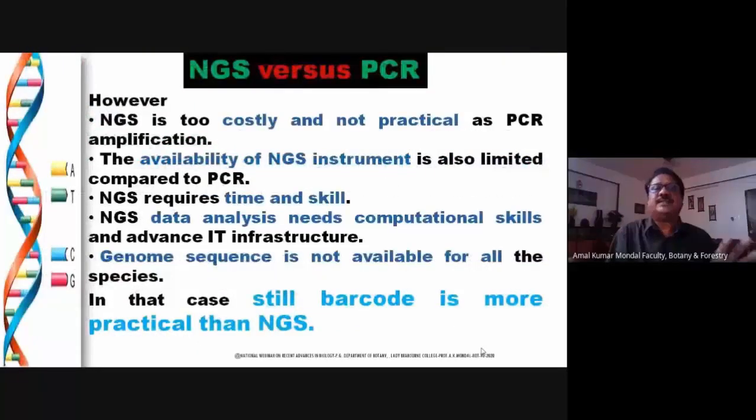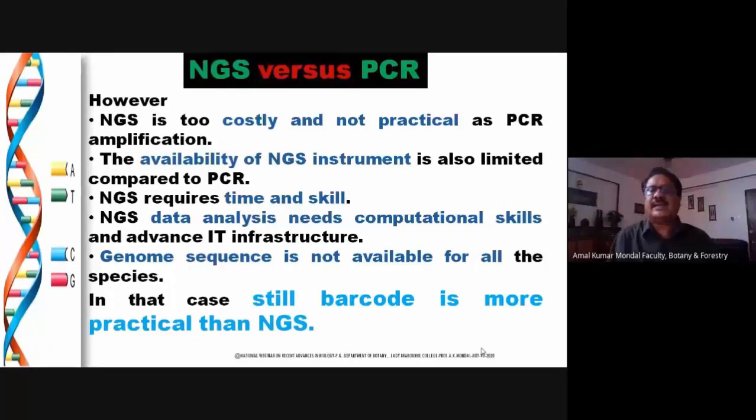What is the difference between NGS and PCR based sequencing? NGS is too costly and not as practical as PCR amplification. The availability of NGS instruments is also limited compared to PCR, because we know that PCR is very common in almost all the laboratories in India and in West Bengal.